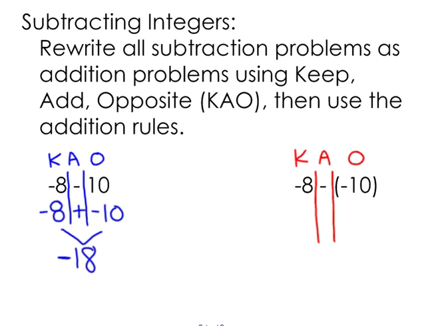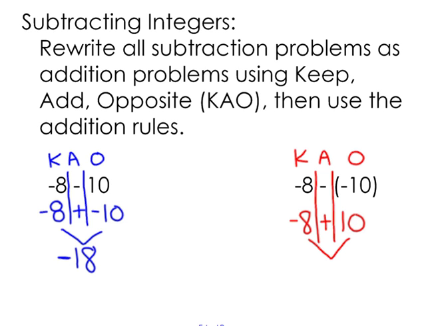Okay, negative 8 is going to stay negative 8. The subtraction symbol is going to change to addition, and then for negative 10, the opposite of that number is 10. So that first problem, negative 8 minus negative 10, has the same value as negative 8 plus 10. We're just rewriting it as an addition problem.